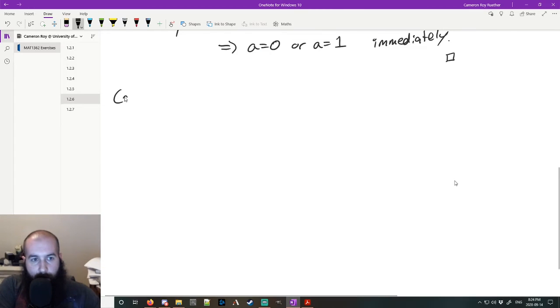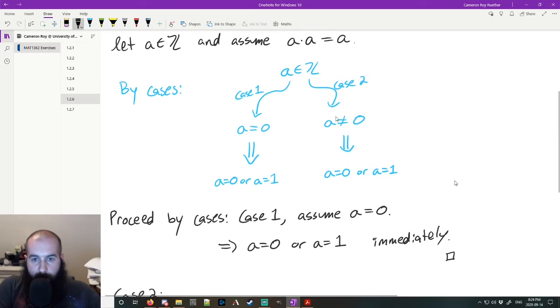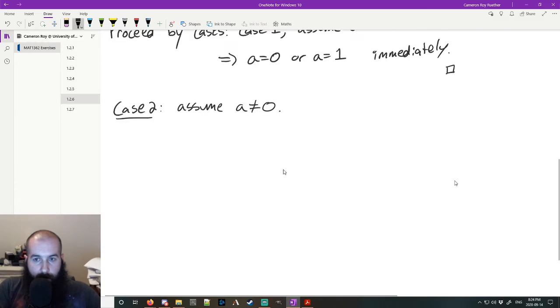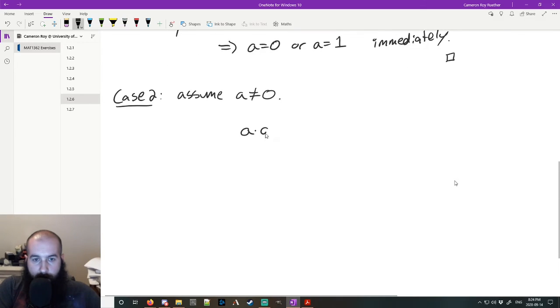Now for case 2, we assume that a is not equal to 0. And since within this case, we're assuming that a is not equal to 0, we get to use properties of a or any axioms that refer to non-zero numbers. So what I'm going to do is start with the fact that a times a is equal to a.